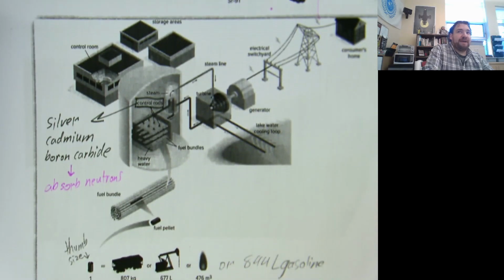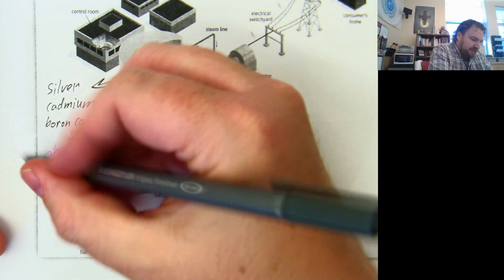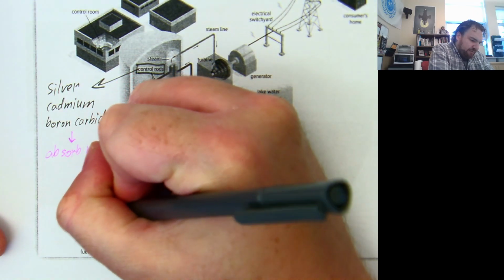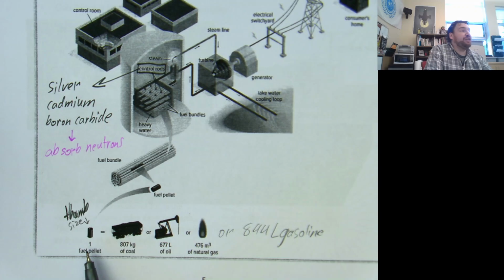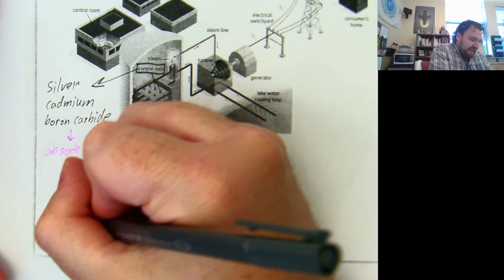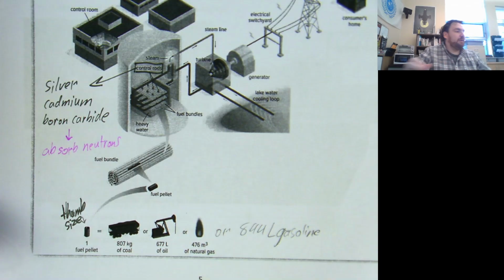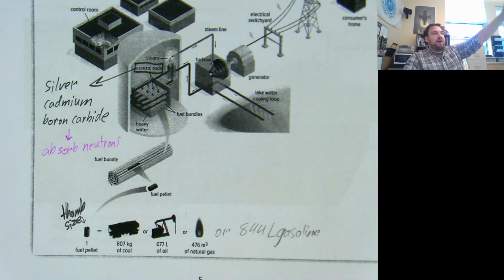Just to give you perspective on this guy down here, one singular pellet is the size of a thumb, like your average adult thumb. So there's my thumb.